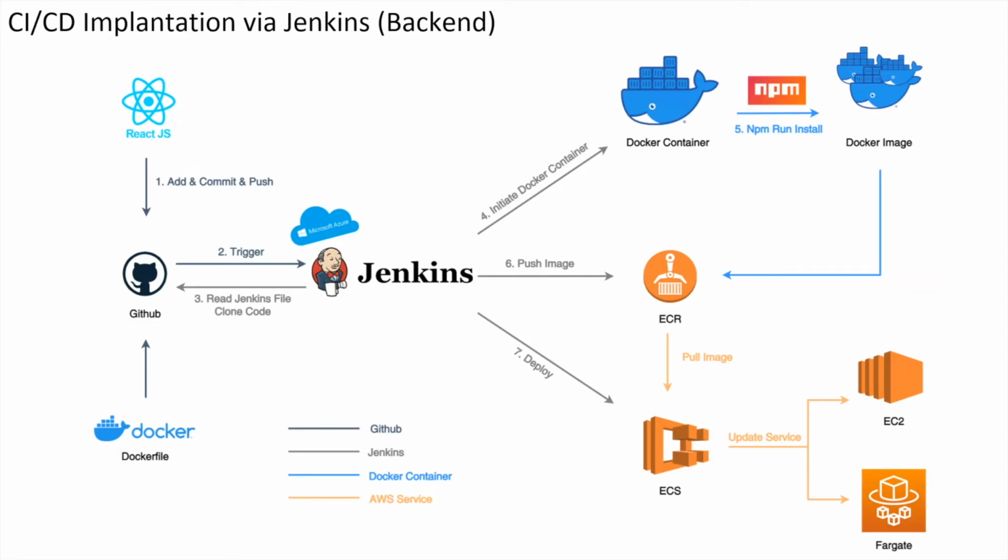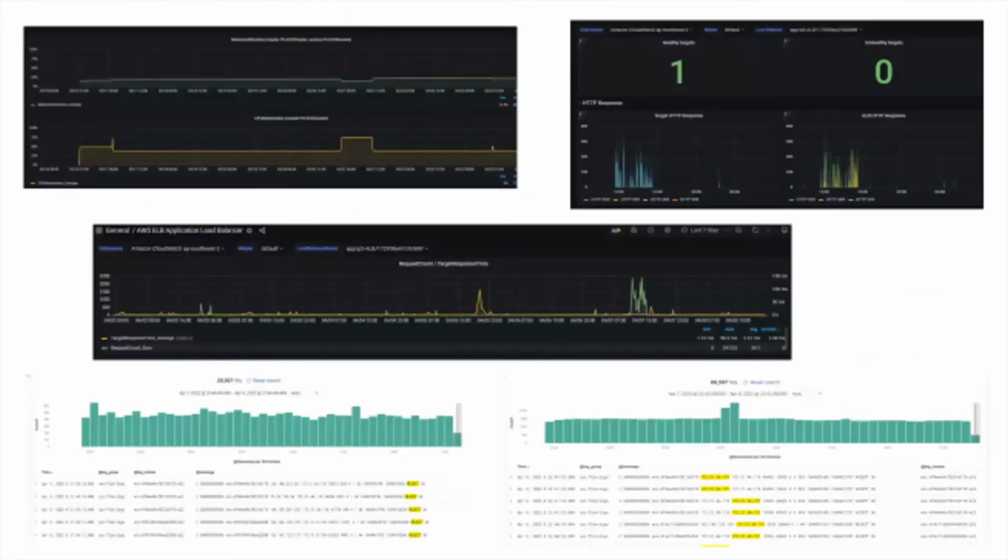Alice? Thanks, David. I'm Alice, and I will introduce monitoring. For our project, we use AWS Managed Grafana for metrics monitoring and use AWS OpenSearch to monitor the VPC flow log. We establish a connection between AWS CloudWatch and Grafana.